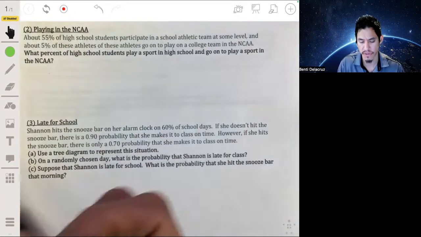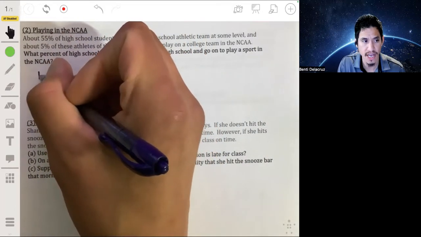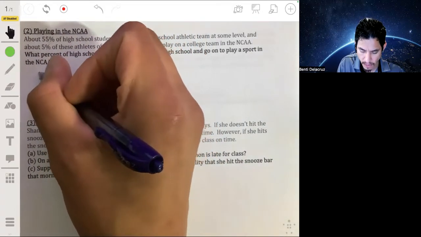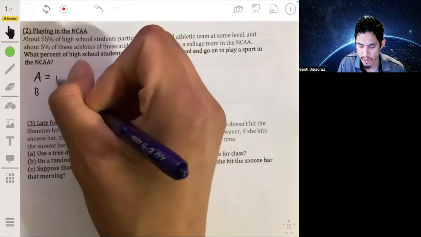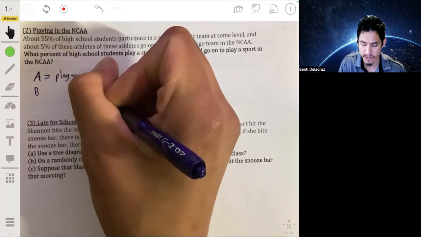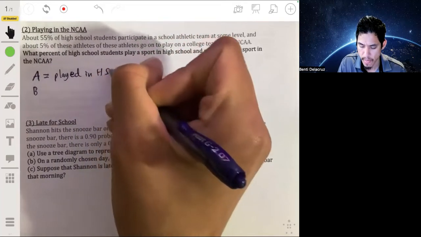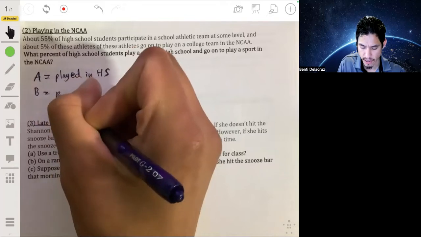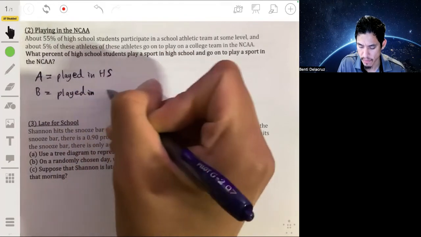Okay, just for the purposes of using that formal equation, let's have two events A and B, and let's have A be that a student played in high school, and B being that they're playing in college.